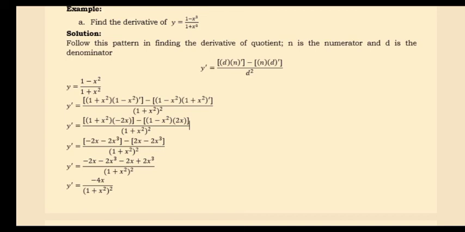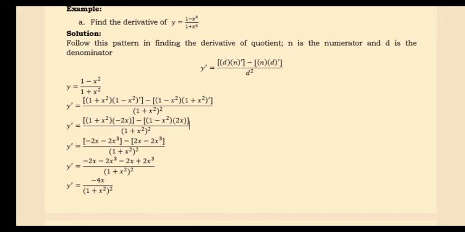So that is y prime is equal to negative 2x minus 2x cubed, because we distributed negative 2x to the term 1 plus x squared, minus also the other term, 2x minus 2x cubed, because we distributed 2x to the term 1 minus x squared, all over 1 plus x squared squared.